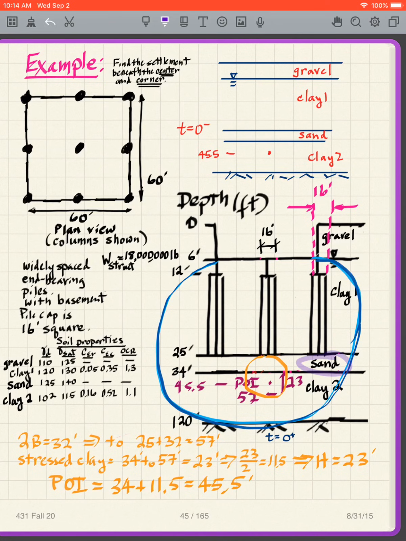This sand layer helps us. We can put our foundation in that little sand layer. Maybe, we don't know. We have to do the calculations. So, all right.